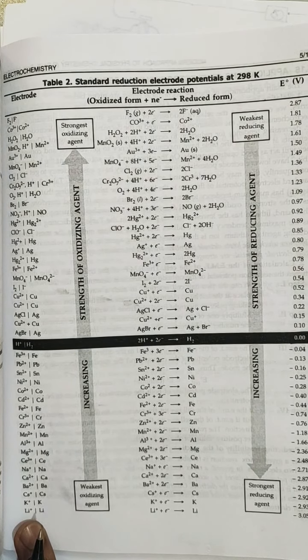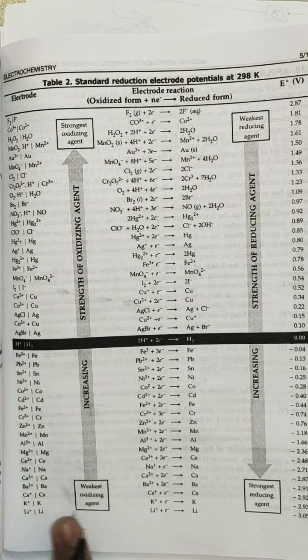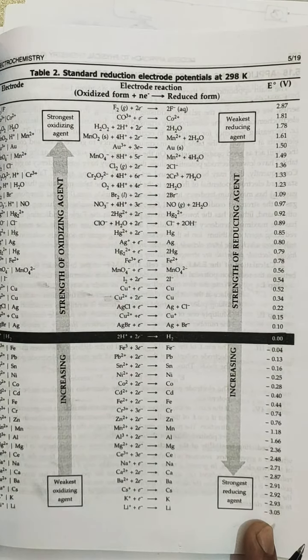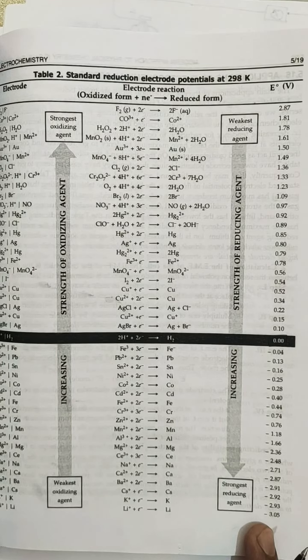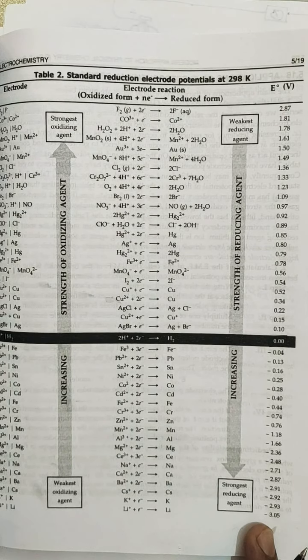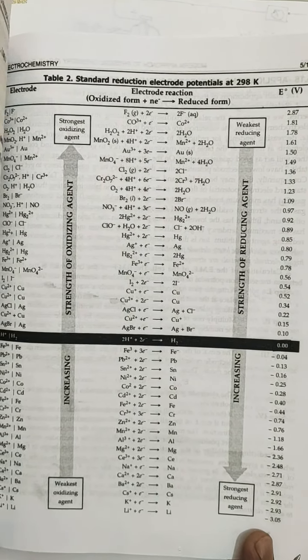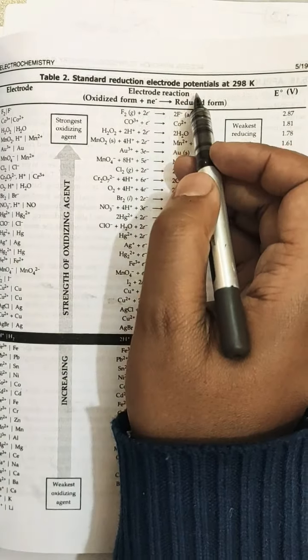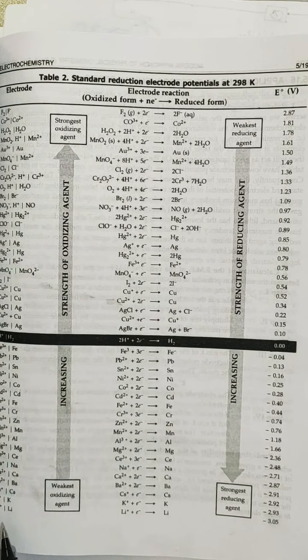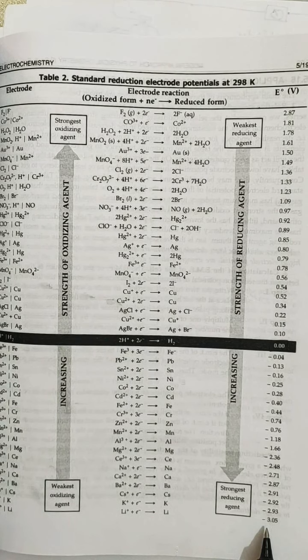This lithium ion, when reduced, forms the lithium atom, and the value for this reduction potential is minus 3.05. So what we come to know is that the standard reduction potential of lithium is very low, so it is very less interested in getting reduced.